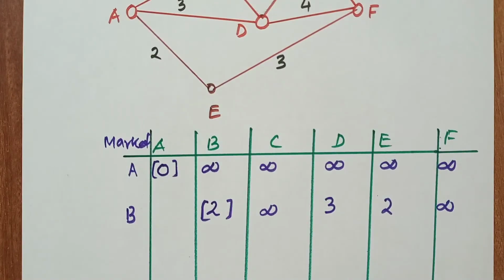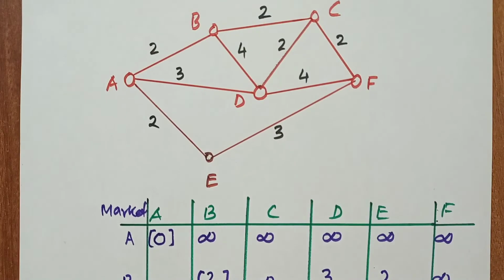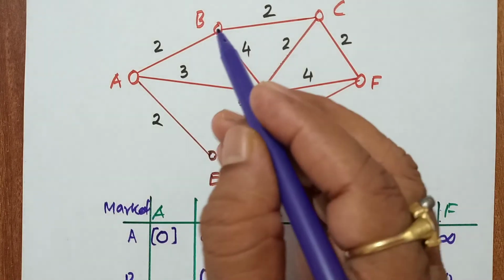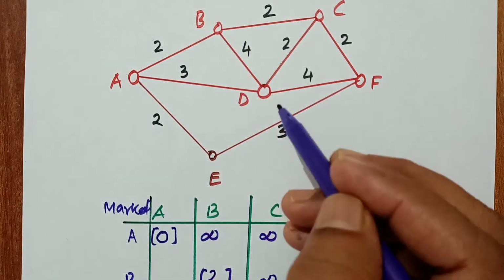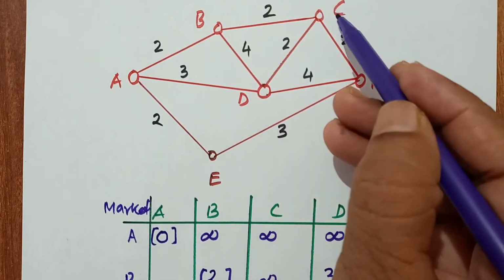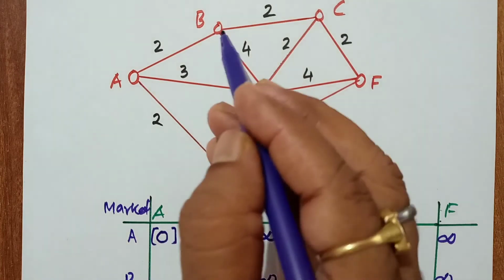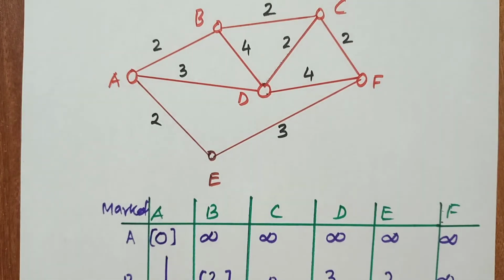Here you see carefully, 2 is the marked value, so you concentrate on B. How many vertices are directly connected to B? Here A, D and C. But since A is marked, there is no need to touch it. This is already completed.